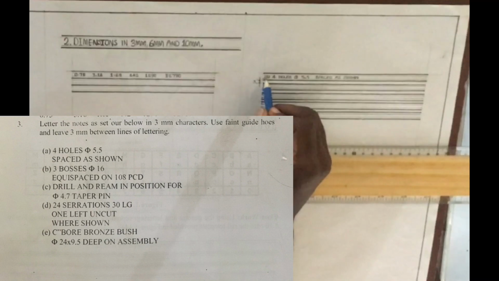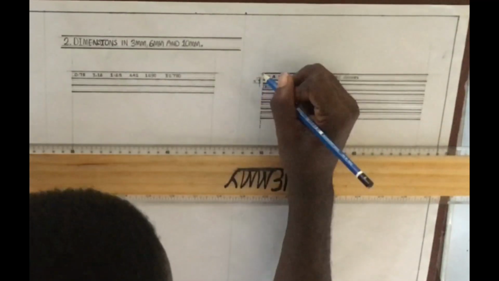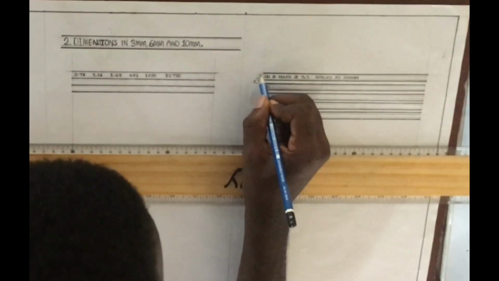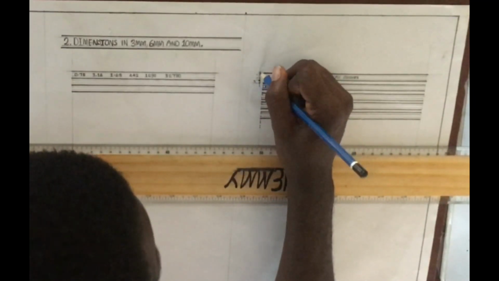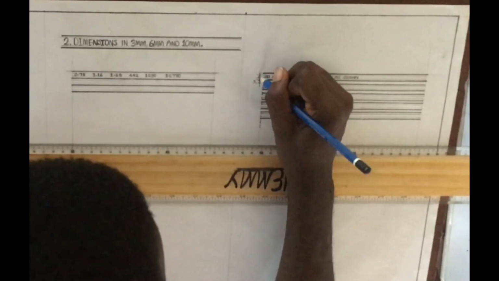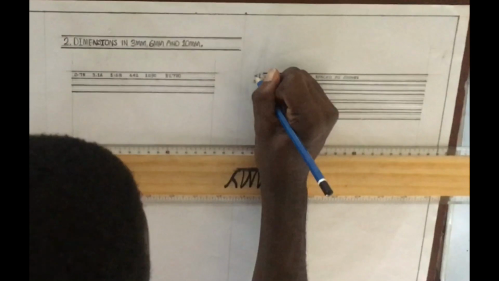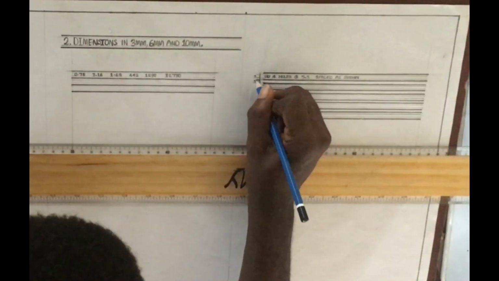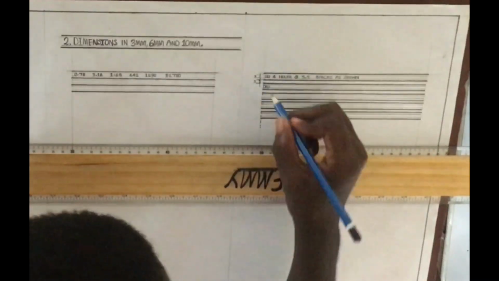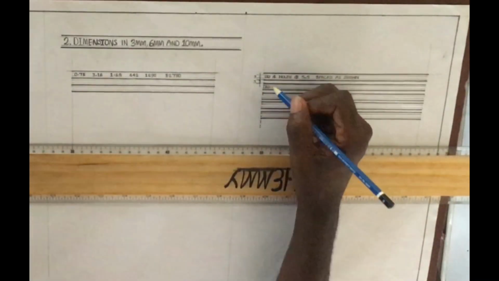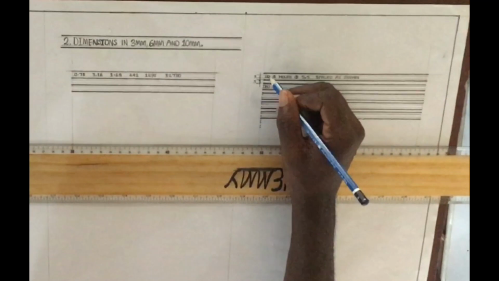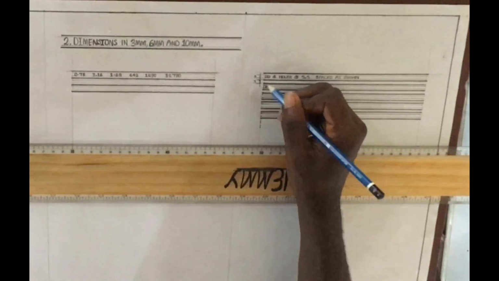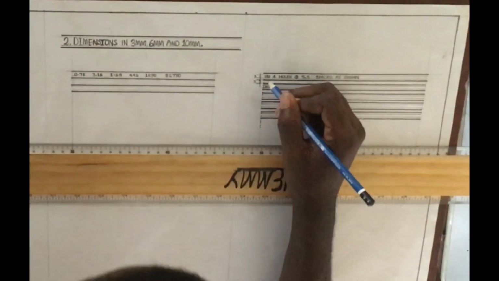And likewise, the lettering is at 3 millimeter. So that's what the question is trying to imply. The distance apart from the notes is at 3 millimeter, and at the same time your lettering is at 3 millimeter height.